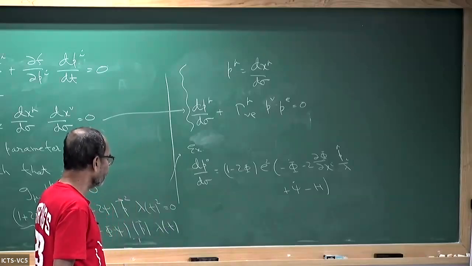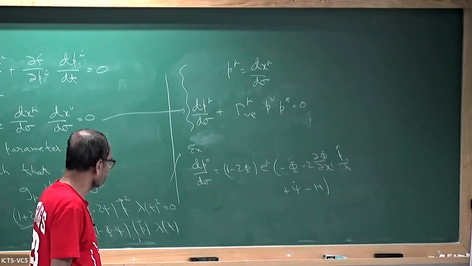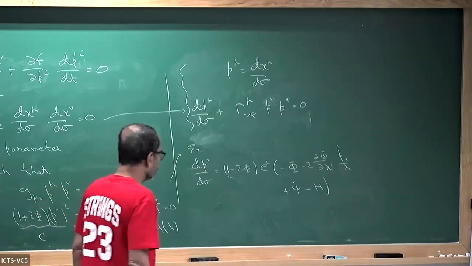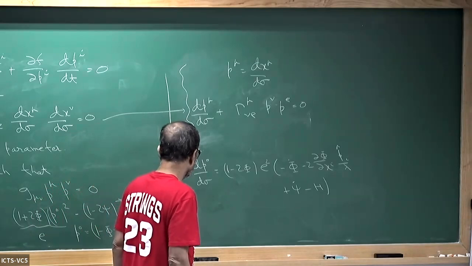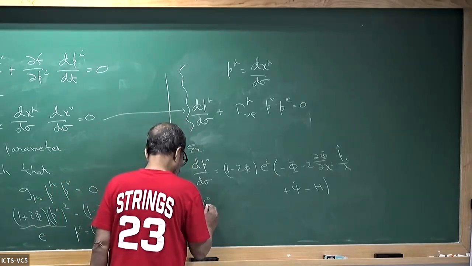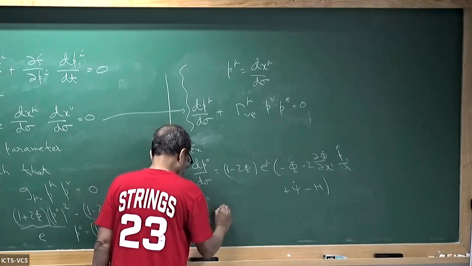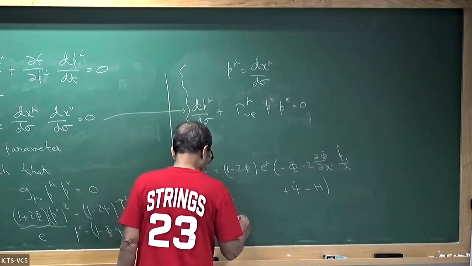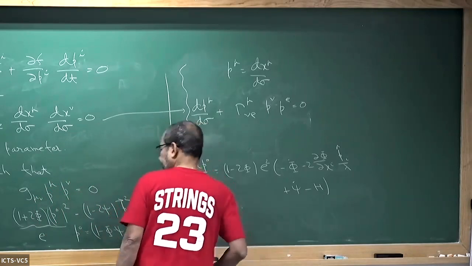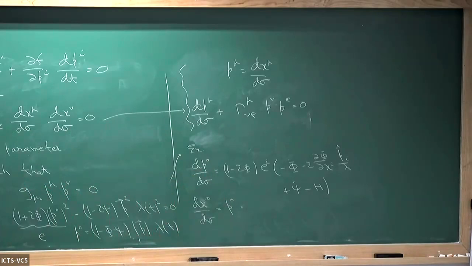We have kept up to first order terms. And dx0 d sigma we have already written as P0, which was E times (1 minus phi).